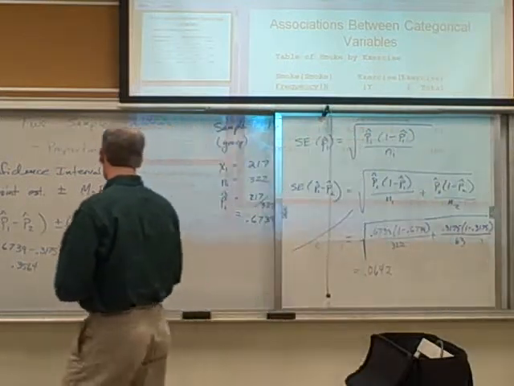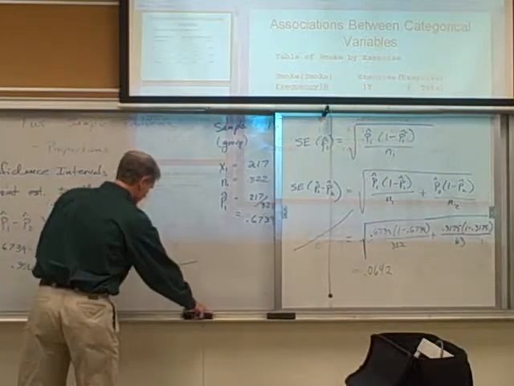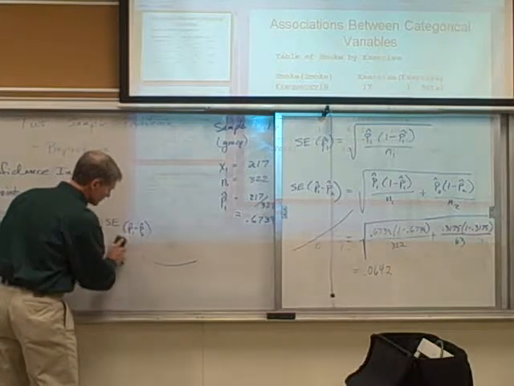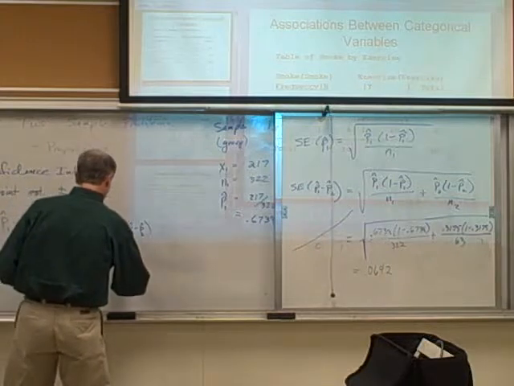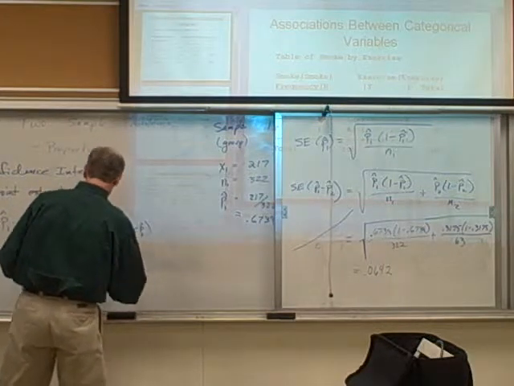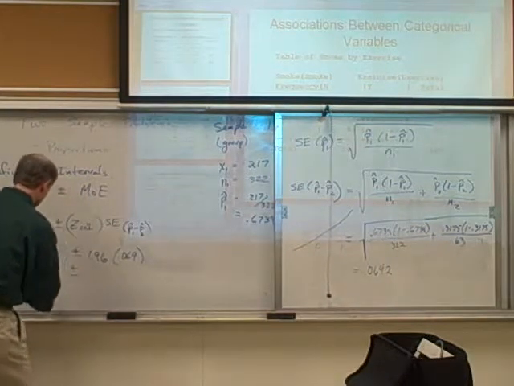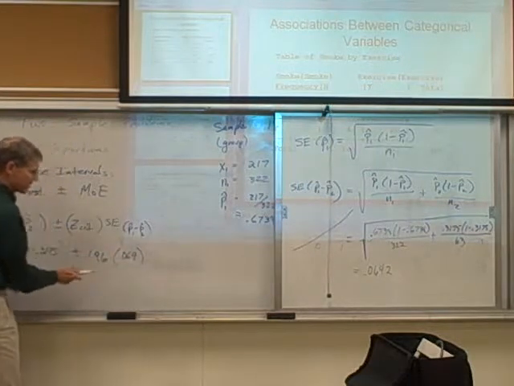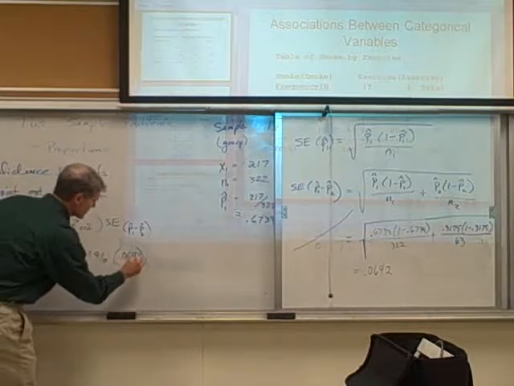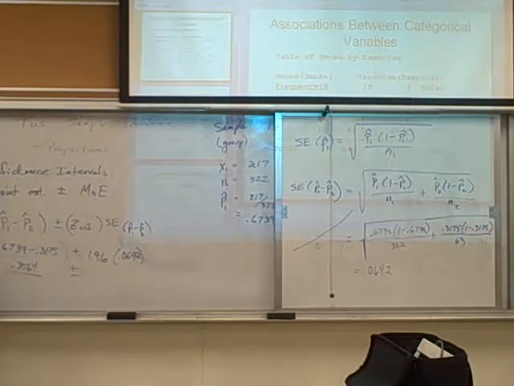Okay, so here we go. We're going to put that number in over here. 0.0642. So now I have that difference, and now I have my margin of error. Multiply that number, I forgot the 2, by 1.96 to give me the margin of error.